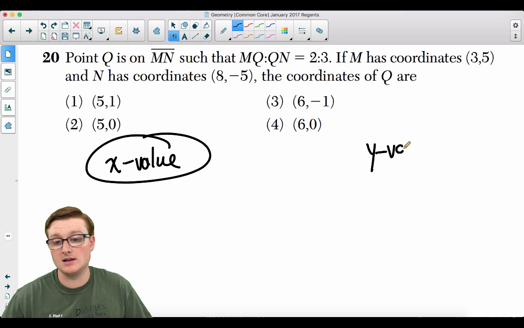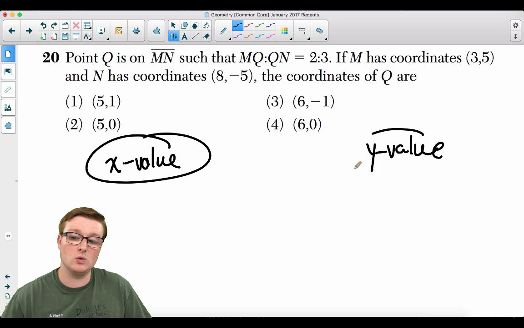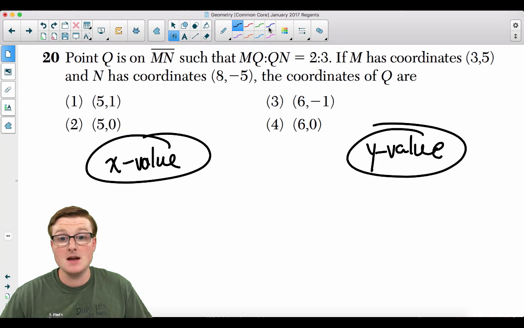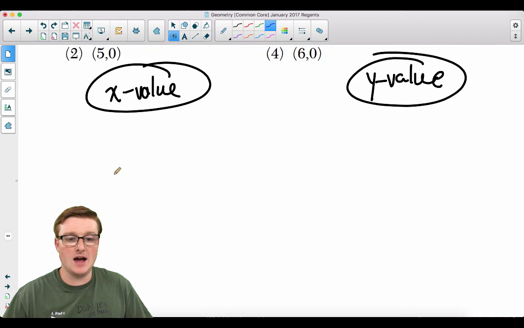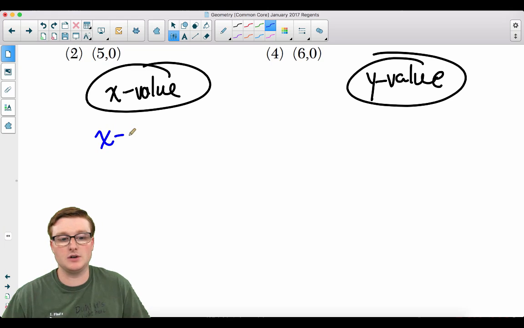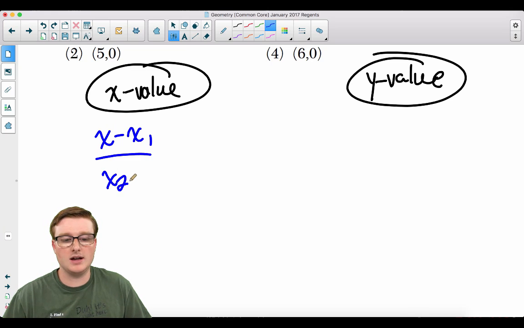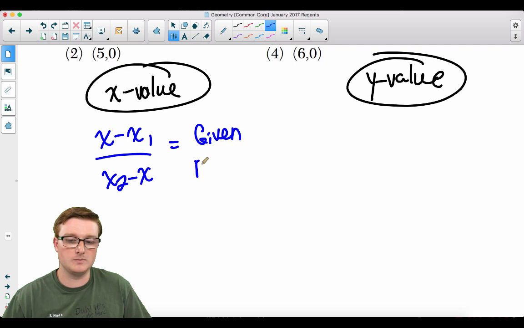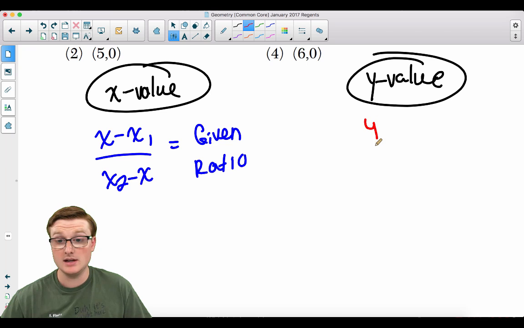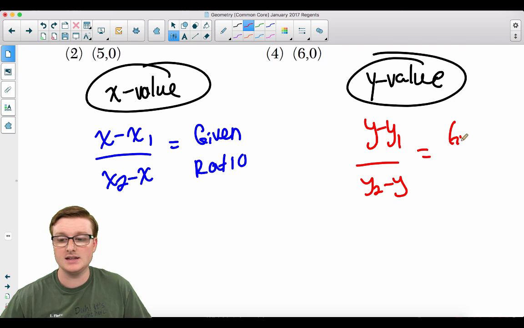Well, I am going to say to use your formulas. Your formula to calculate these values, for the x value first, is (x minus x1) over (x2 minus x) is equal to the given ratio. Your y value is (y minus y1) over (y2 minus y) is equal to the given ratio.